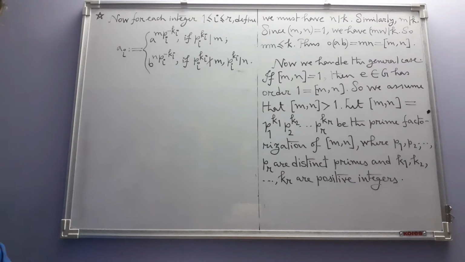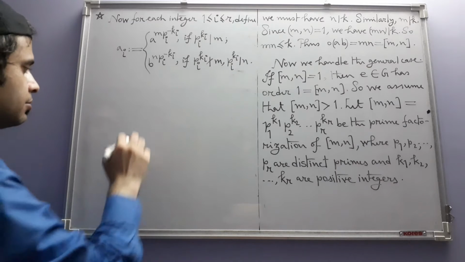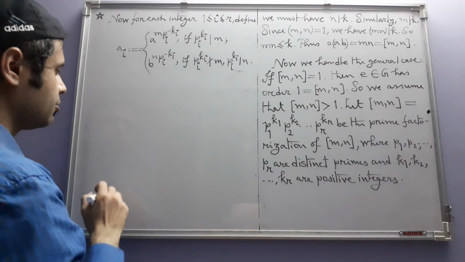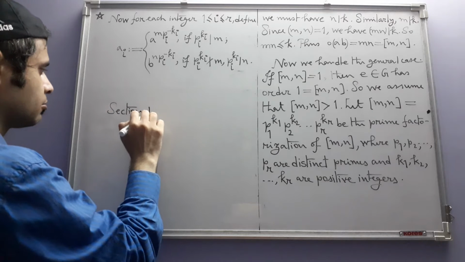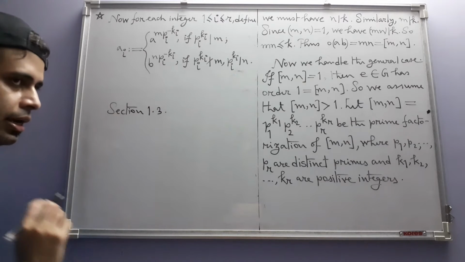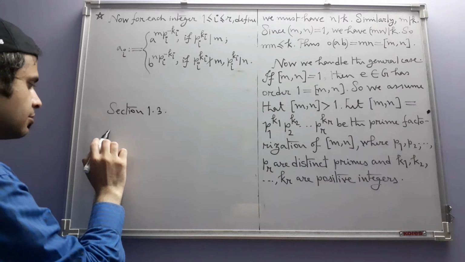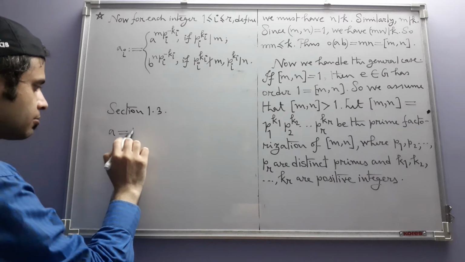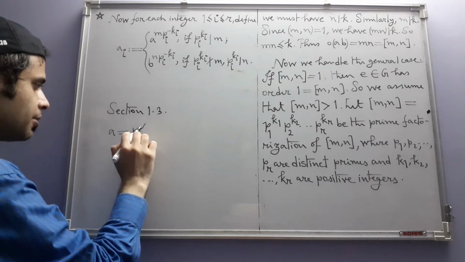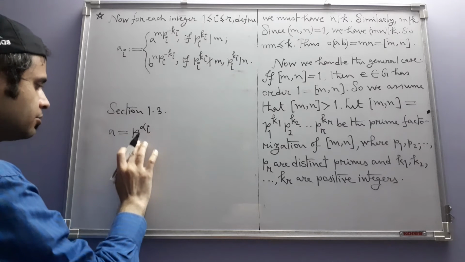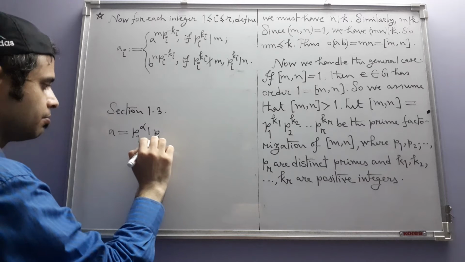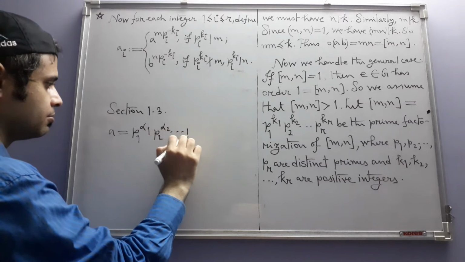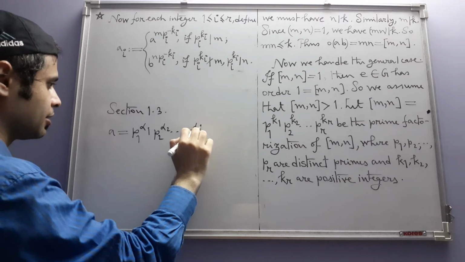Why is that so? It's because, if you recall in section 1.3, we had an exercise like this: p1 to the power alpha 1, p2 to the power alpha 2, pk to the power alpha k, suppose.